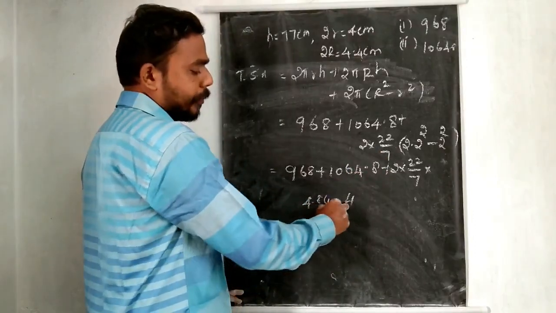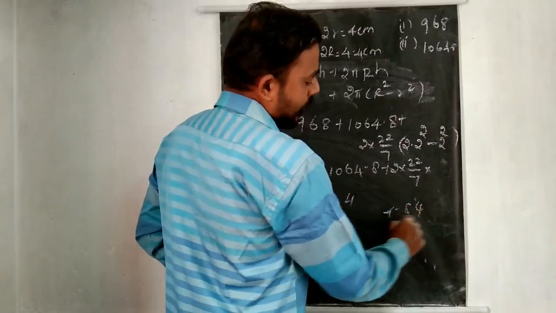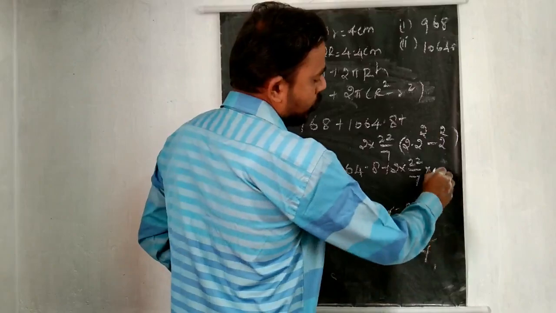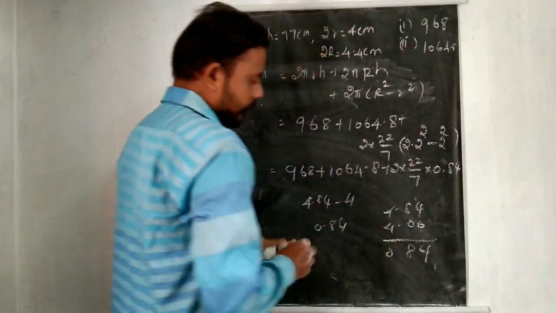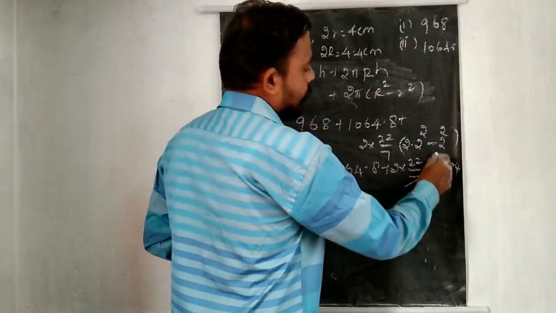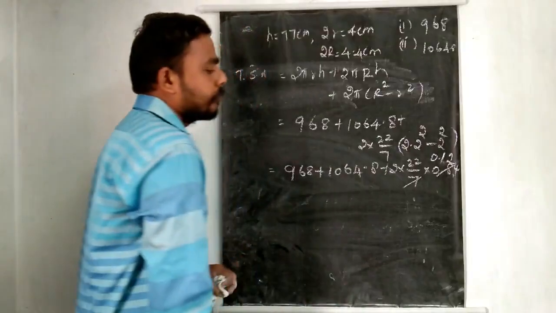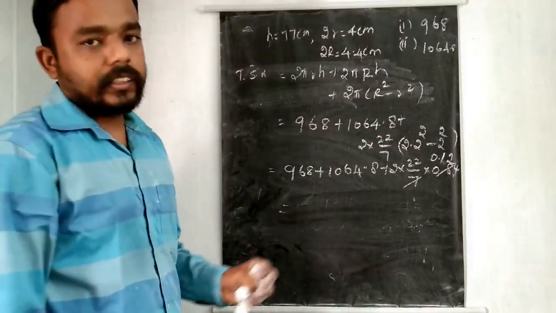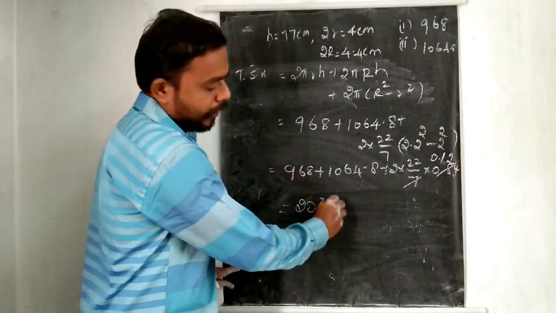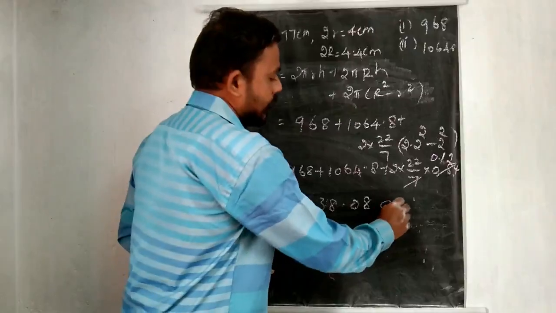So 4.84 minus 4 is 0.84. Just cancel the 7s: 1 7 is 7, remaining 1, so 0.1. So find this total answer. This total answer is 2038.08. Everything is in centimeters, so centimeter square.